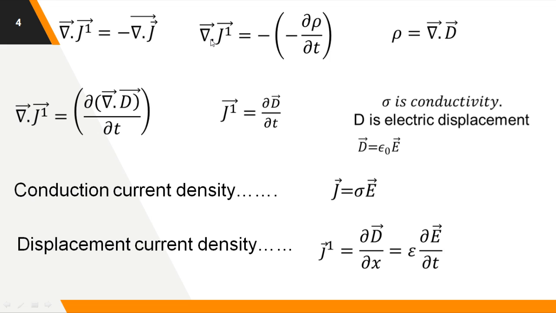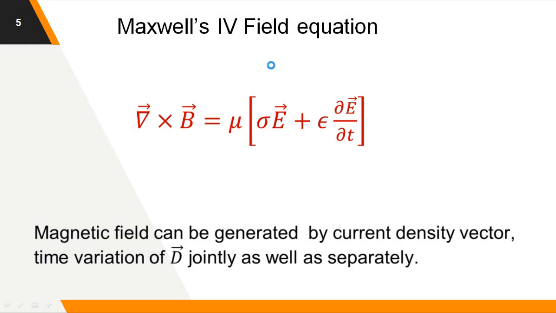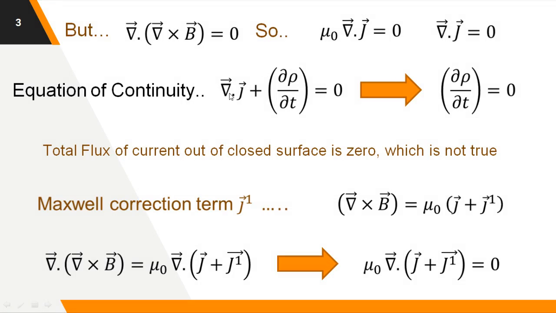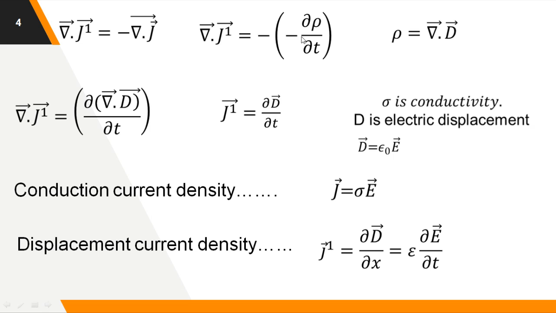Then divergence D dash equals minus of minus dρ by dt, because according to the continuity equation, divergence J is equal to minus dρ by dt. So if you take that here, we are getting minus of minus, that is, plus.